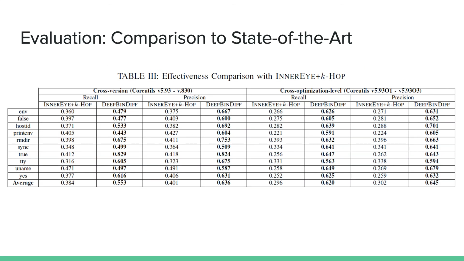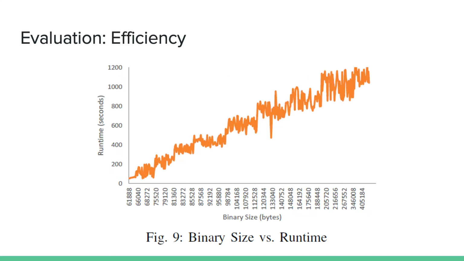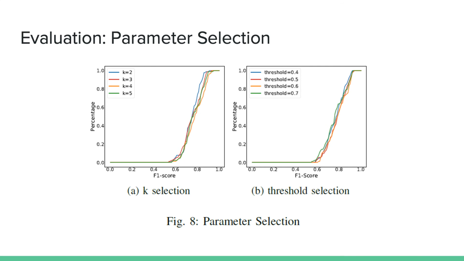All right. Evaluation and comparing to state of the art. This is InnerEye. They only did small sizes, but even here you can see that DeepBinDiff has better results than InnerEye, and this is because they also take into consideration the control flow across functions. Lastly, I want to come back to this parameter selection.